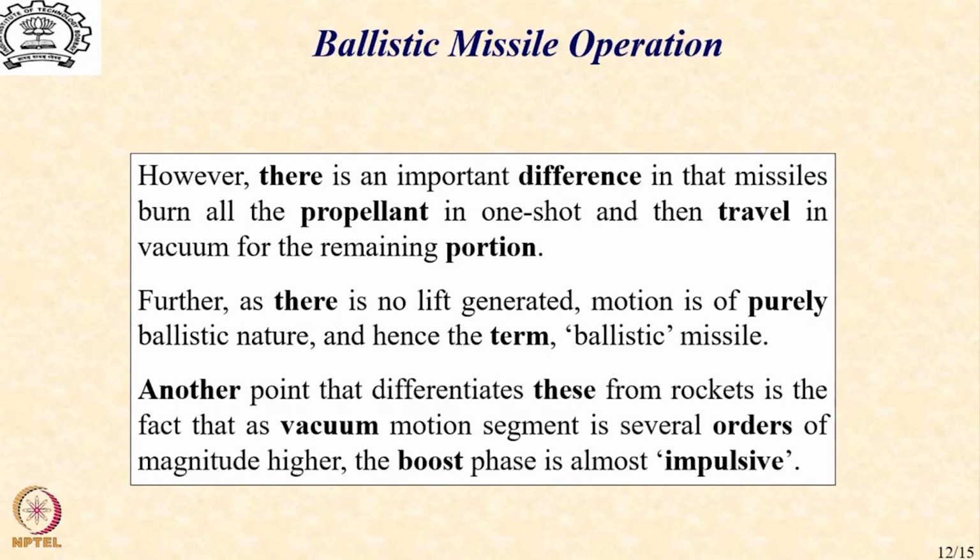Another point that differentiates these from rockets is the fact that as the vacuum motion segment is several orders of magnitude higher, the boost phase is almost an impulsive launch, as compared to the rockets where we try to avoid impulsive launch, which has a drawback of increasing the drag loss.